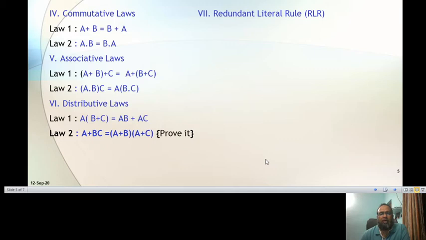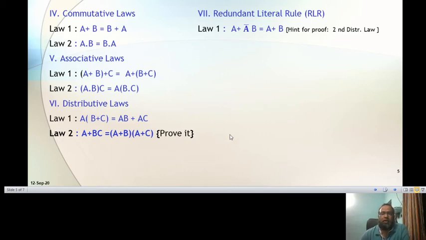Then we have a redundant literal rule, that is RLR. A plus A bar B is equal to A plus B. When we apply the second distributive law, you can get this. It can be proved simply by applying the second distributive law.